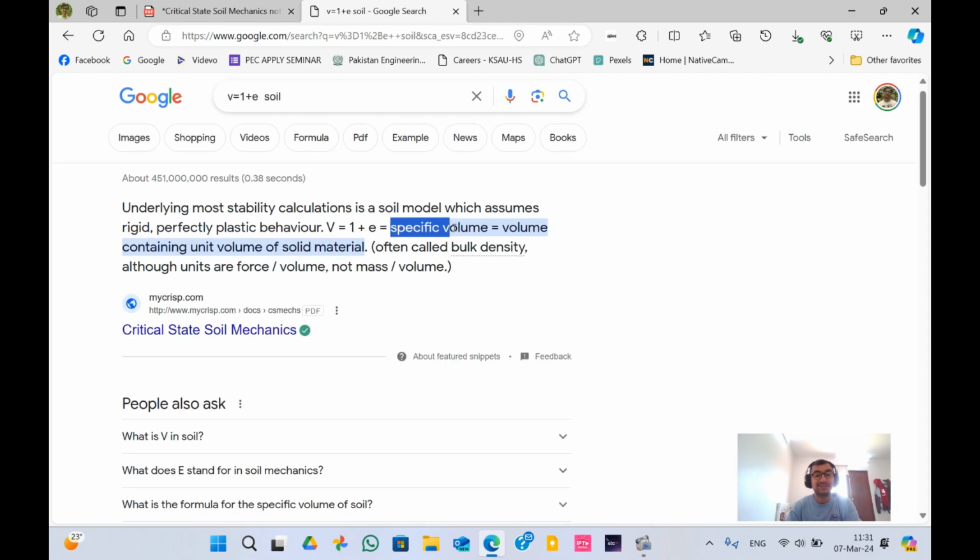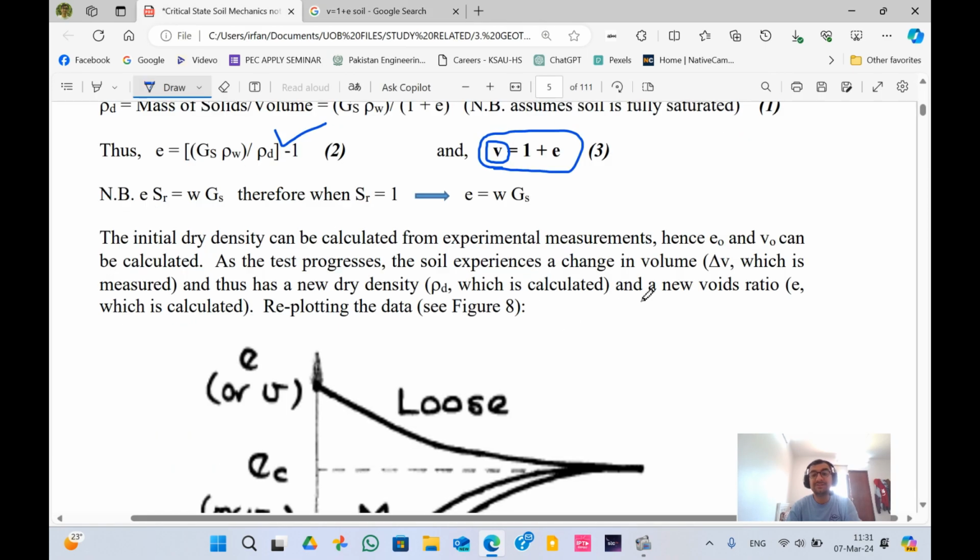Sorry, this is the specific volume, and it relates to the volume containing unit volume of solids. Okay, so I was kind of confused. This is basically specific volume. It's not the porosity. Porosity is being shown by this sign, right? We'll go forward now. This is the specific volume, which is equal to 1 plus e.